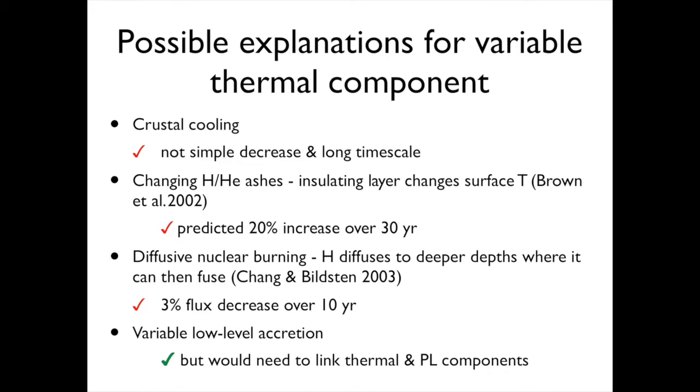This should change the temperature, but it's expected to give a 20% increase over a period of 30 years. Again, not what we see. You can also have diffusive nuclear burning that could lead to a decrease in temperature over periods of years. But again, we don't just see a simple increase or decrease in temperature. So we're left with having to explain this by having accretion continuing in quiescence down onto the neutron star surface.